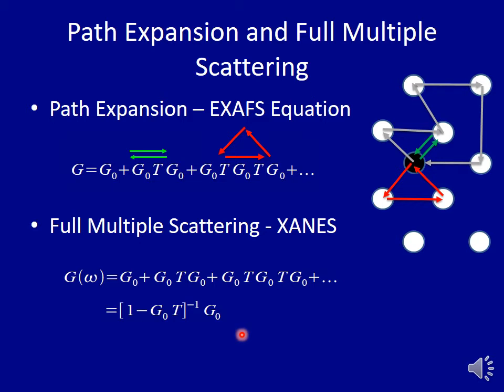And you might ask, well, if you can sum to all orders, why wouldn't you do that all the time? Well, the issue is that these matrices can be very large. They grow like the number of atoms times the angular momentum that you truncate at, squared.